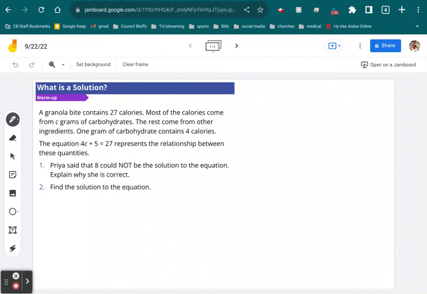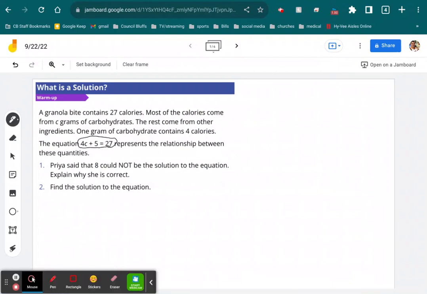The rest come from other ingredients. 1 gram of carbohydrate contains 4 calories. The equation 4C plus 5 equals 27 represents the relationship between these quantities. Priya said that 8 could not be the solution to the equation. Explain why she is correct.